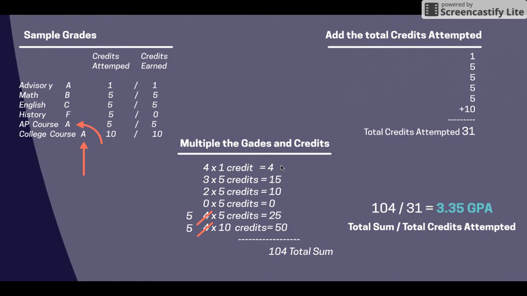That changes the student's total points to 104. We're going to add up the total credits attempted again, which gave us 31, and take the total points divided by the total credits attempted, and the student's weighted GPA would be a 3.35.